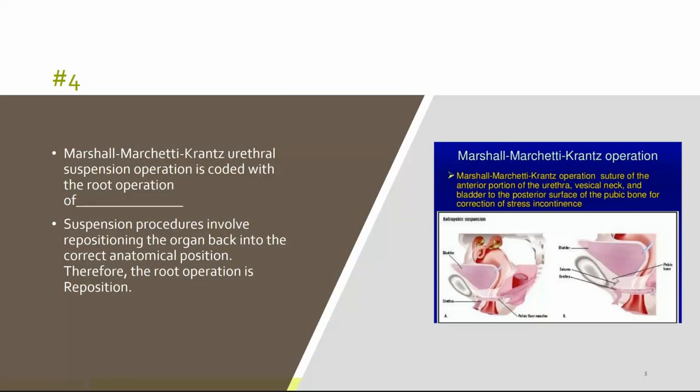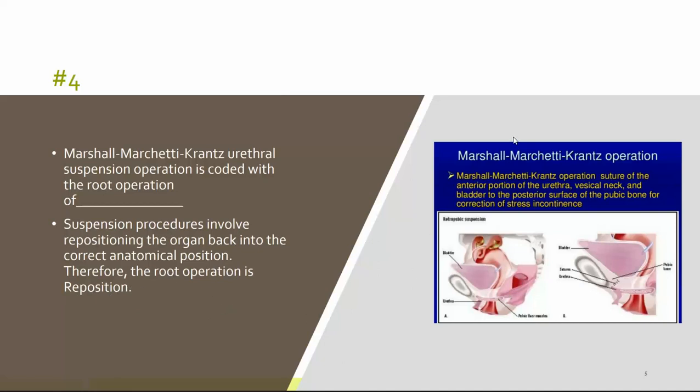The next question is a fill in the blank. It states that a Marchetti-Krantz urethral suspension operation is coded with the root operation of what? In your textbook in chapter 17, they talk about suspension procedures, that they are focused on repositioning an organ back into its correct anatomical position.